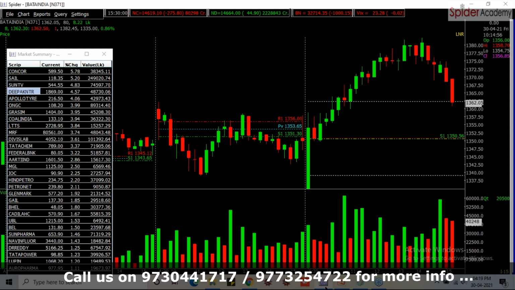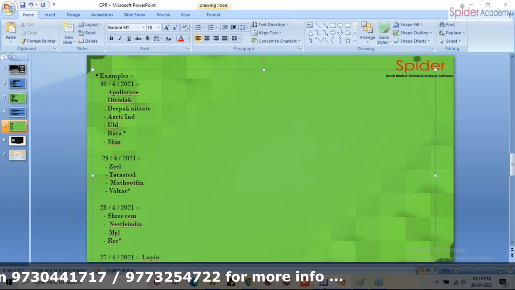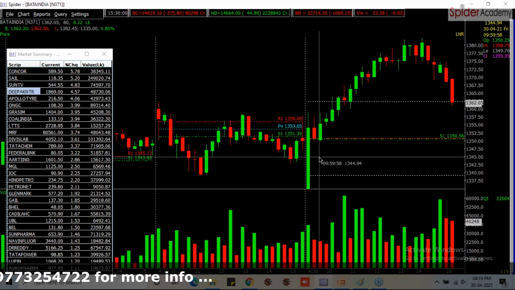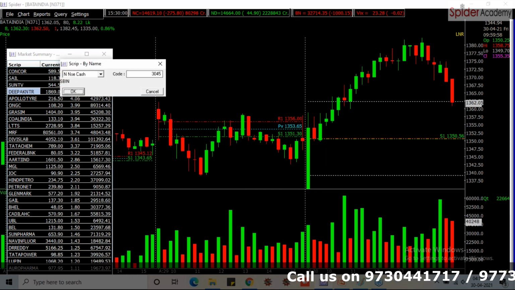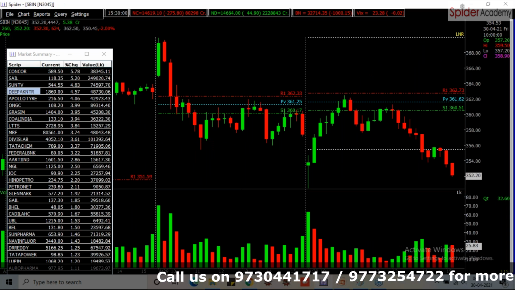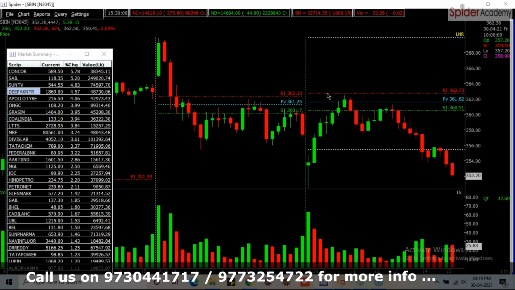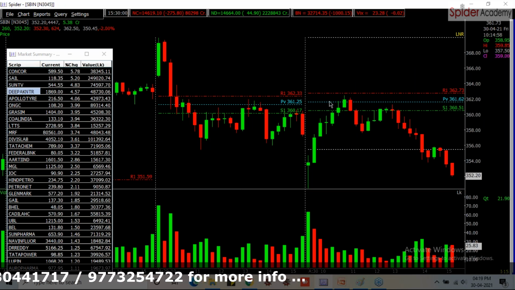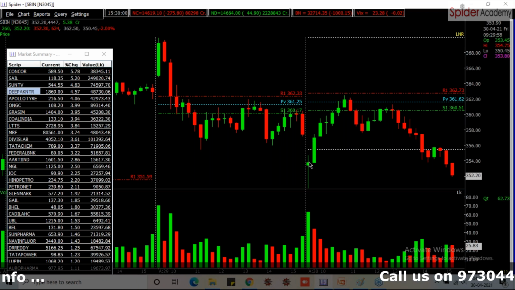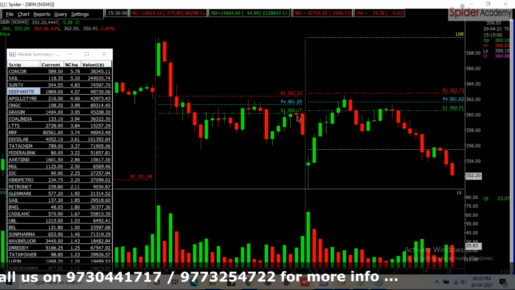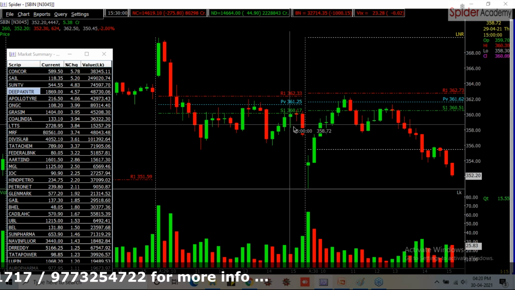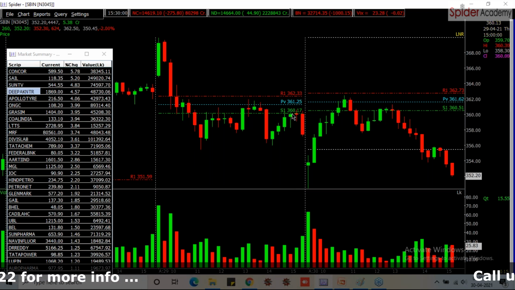After this, we will come to the next example, and we are having SBI. So in SBI, this particular example is for the short side. How? I will let you know. So here we got the gap down, prices started coming inside, and as I said, when we go for the long side, it should trigger the previous support level or bottom central point.